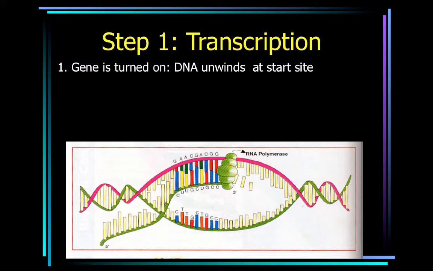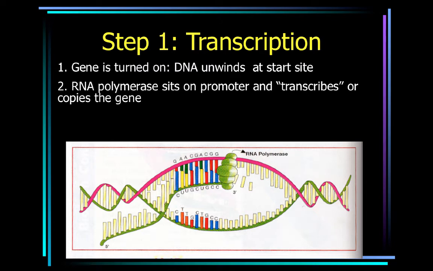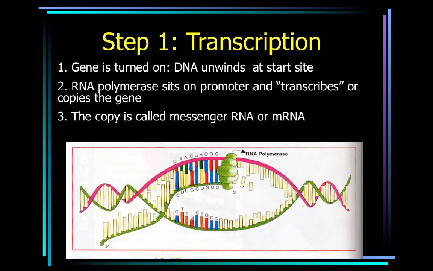Very similarly to DNA replication, the DNA is going to unwind at the start site. RNA polymerase is going to come in, sit down on the promoter region of that gene, and transcribe it, or copy the gene. And then that copy is going to be called the messenger RNA, abbreviated as mRNA.